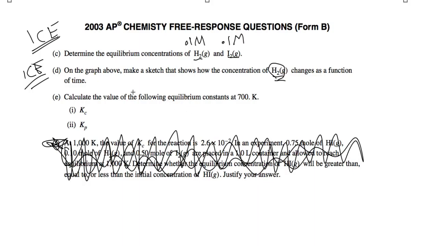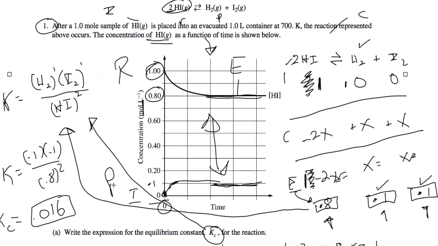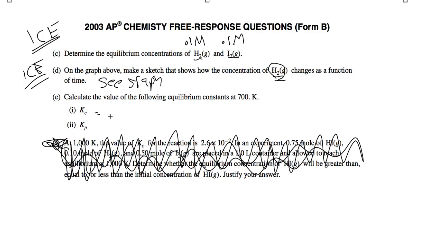So here we're going to say C graph. Calculate the value of the following at 700 Kelvin. We calculated Kc initially. There it was, 0.016. No problem. They want Kp.